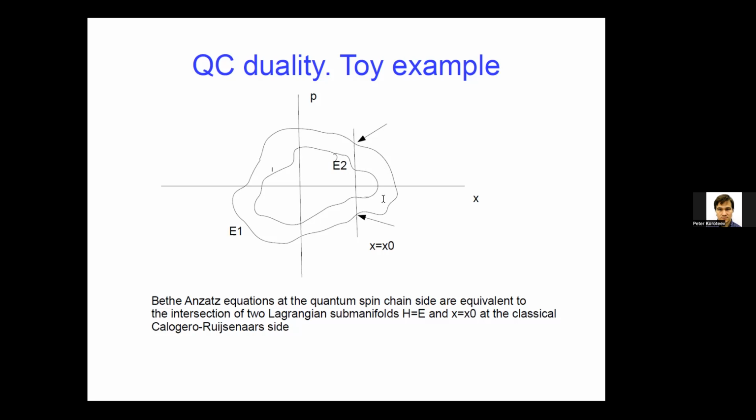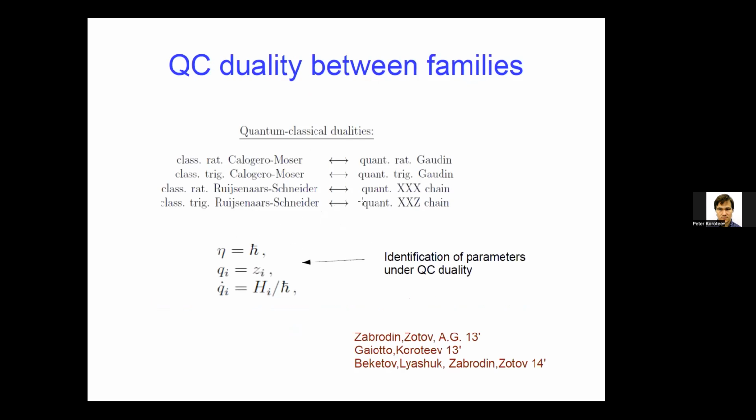One submanifold corresponds to the selection of Hamiltonian, and the second to fixing of coordinates. The quantum classical duality interchanges the classical system of Calogero-Moser or Ruijsenaars-Schneider type, and on the other hand, the quantum Gaudin or quantum XXX or quantum XXZ model.